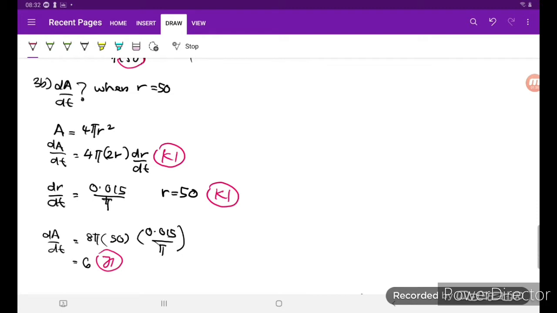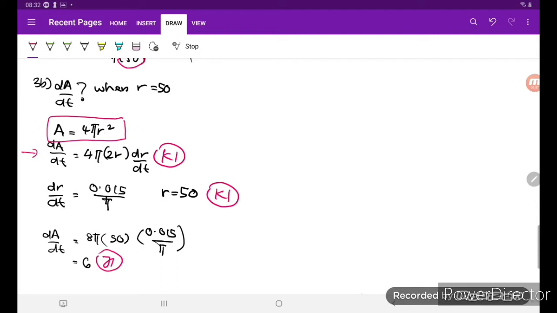So for question 3b, given the area of the surface of the sphere. Okay, area of the surface of the sphere. Okay, you differentiate implicitly again.